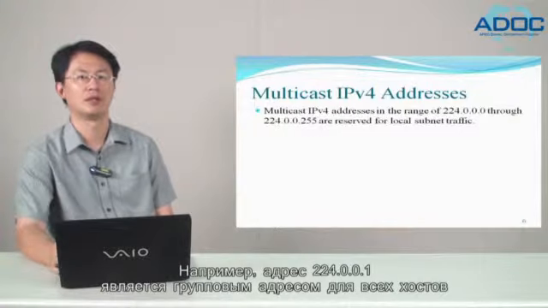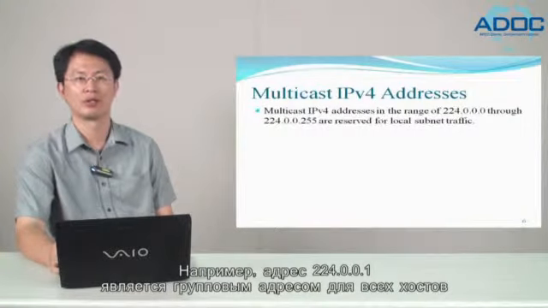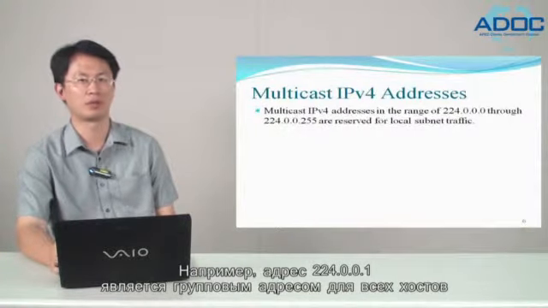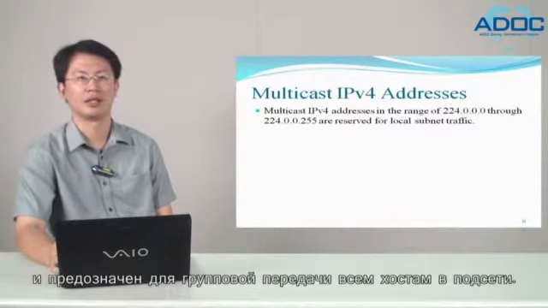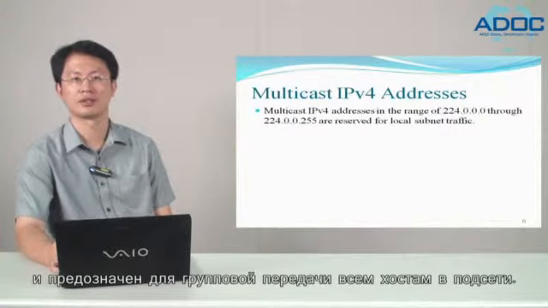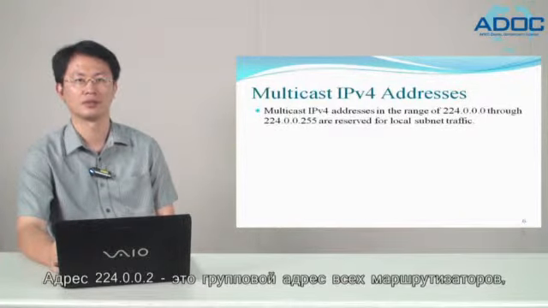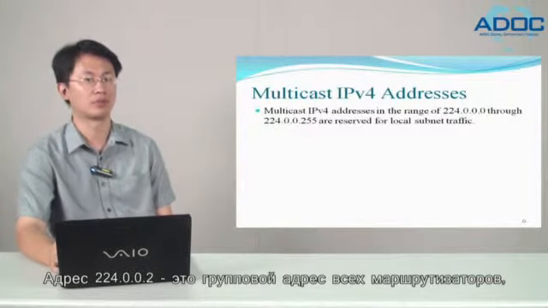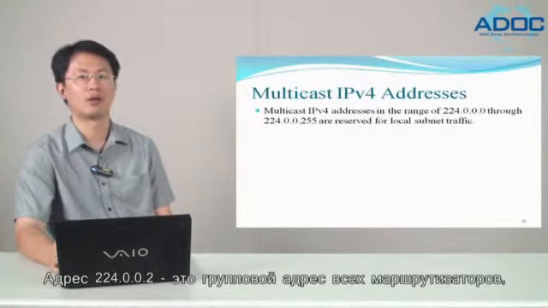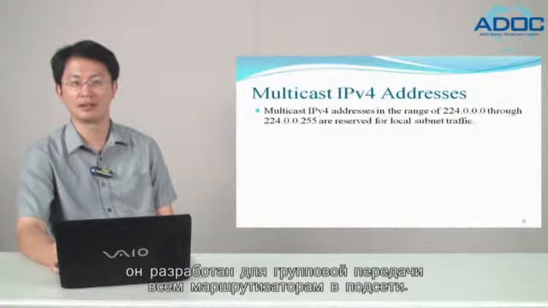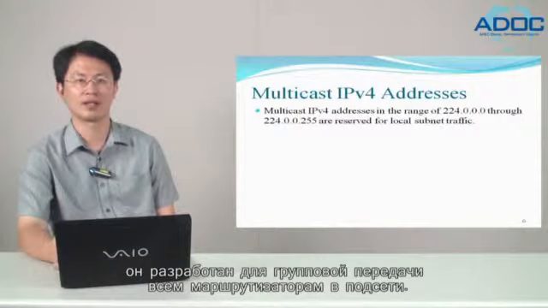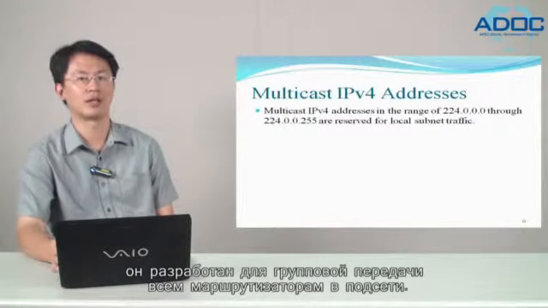For example, the address 224.0.0.1 is an all-hosts multicast address and is designed for multicasting to all hosts on the subnet. The address 224.0.0.2 is an all-routers multicast address and is designed for multicasting to all routers on a subnet.